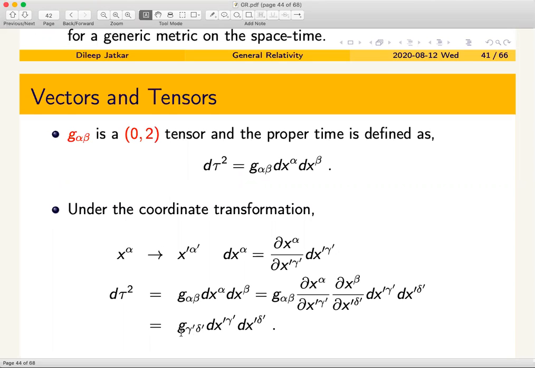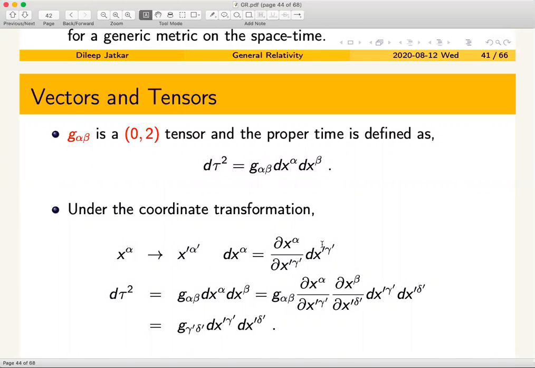I should have really called it g' because it is a different function of different coordinates. I'm being a bit sloppy here, I'll correct it next time. It would be a different function of different coordinates, which could be labeled by different variables.